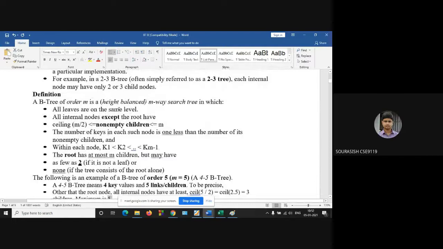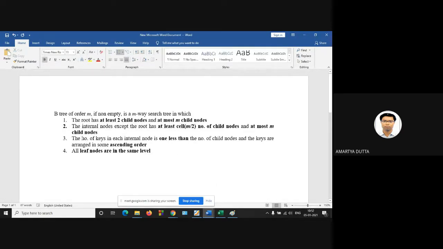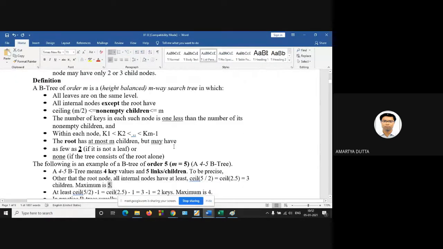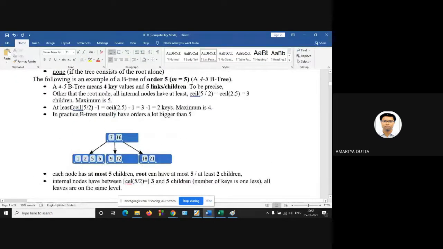At most 4, and at least 2, because the number of keys in each internal node is one less than the number of child nodes. So at least 2 keys will be there and the maximum number of keys will be 4. Is it clear?